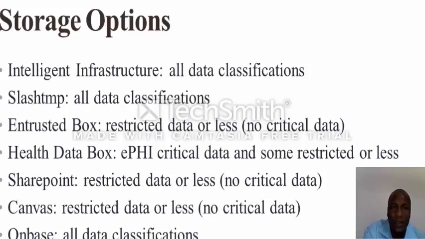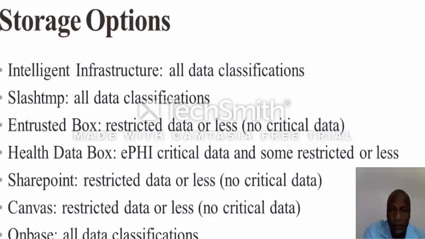And trusted box, you can use it only for restricted data or less, no critical data. Health data box, ePHI, critical data and some restricted or less, but preferably this is for critical data.